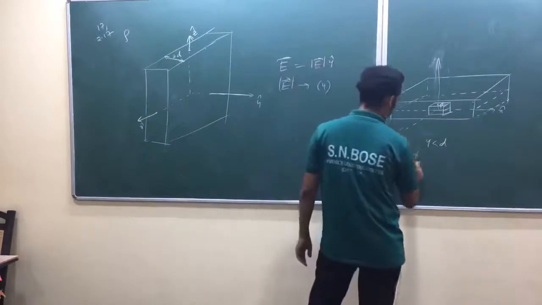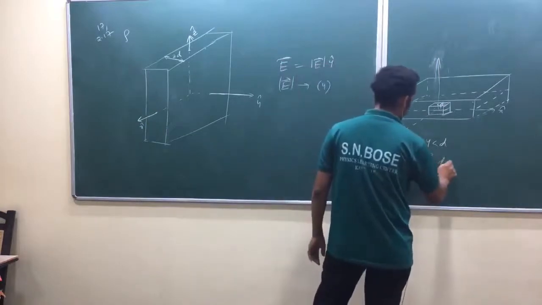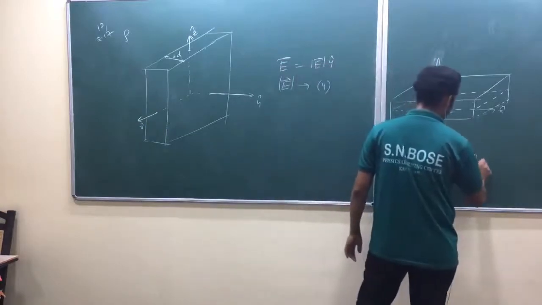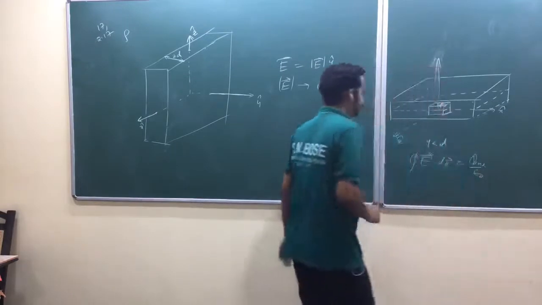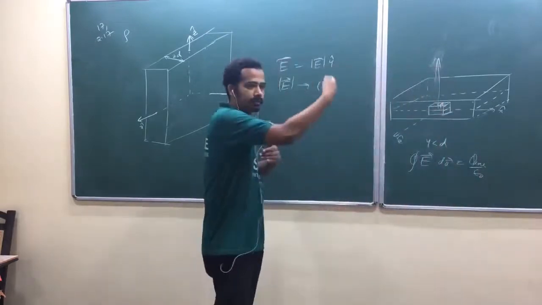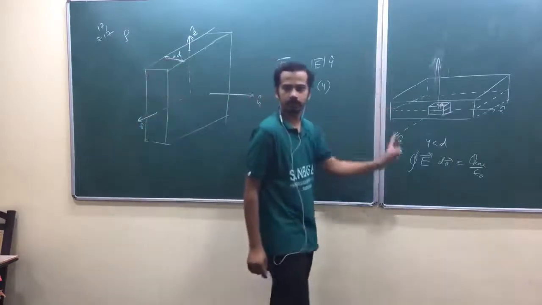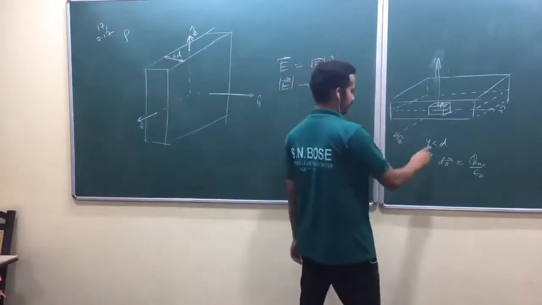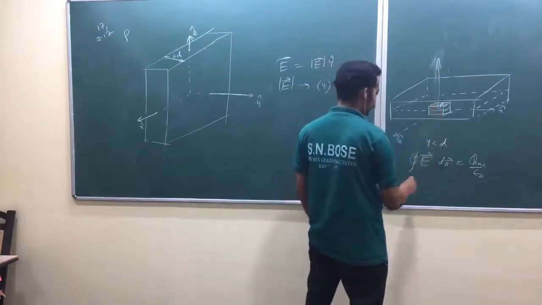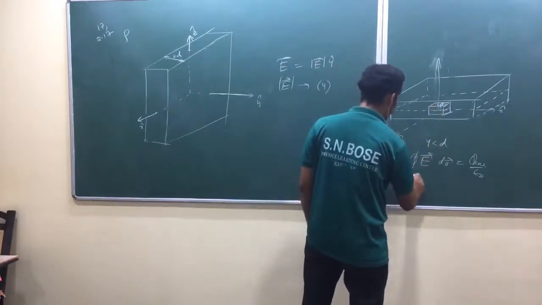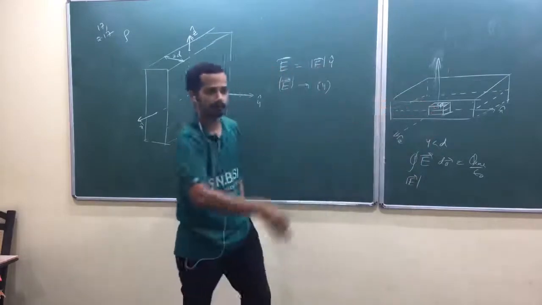So if I apply Gauss law again, E bar dot dA bar is equal to Q enclosed by epsilon naught. The side surfaces will not contribute any flux, is that okay? Because those surface areas are perpendicular to the electric field. So only the above surface. In the above surface, the electric field is constant. Again, it should depend only on y.